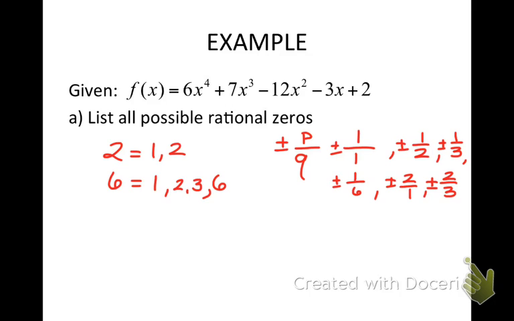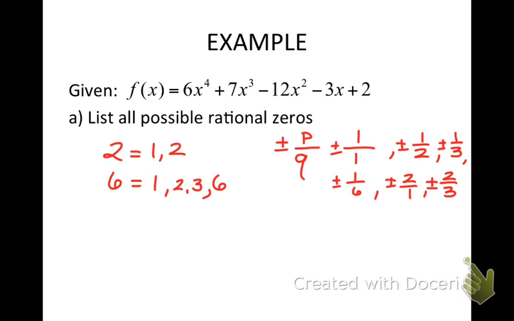So all of my options are plus or minus 1, 1/2, 1/3, 1/6, 2, and 2/3. So I've got 6, doubled, 12 possibilities for a zero of this polynomial.